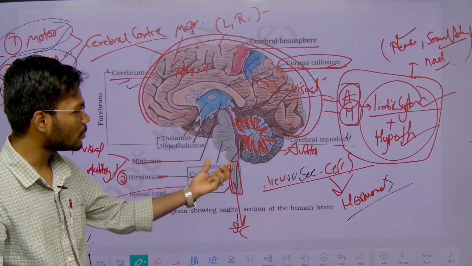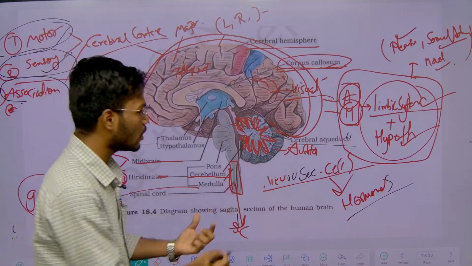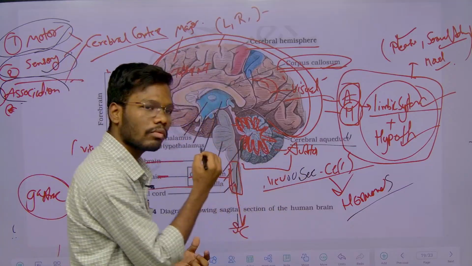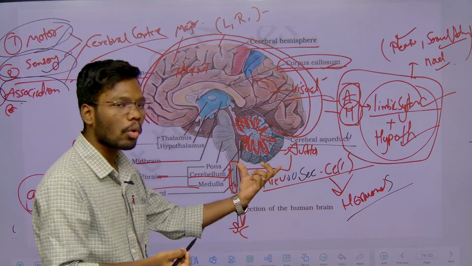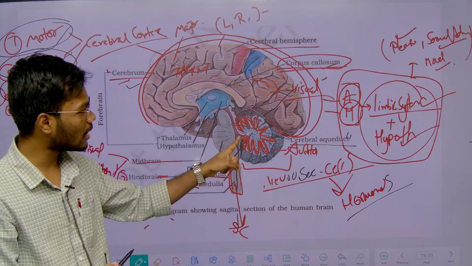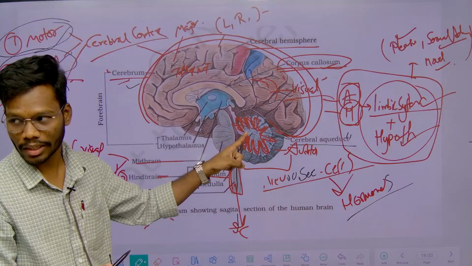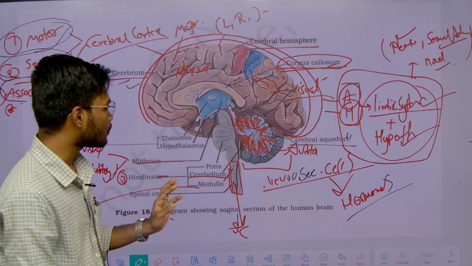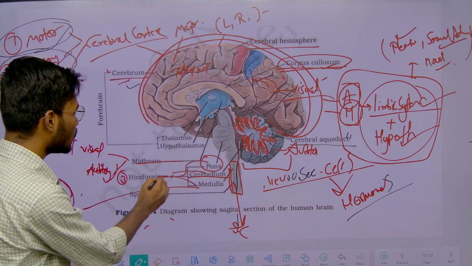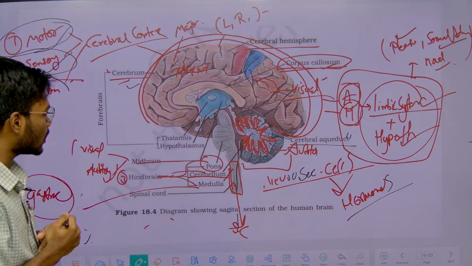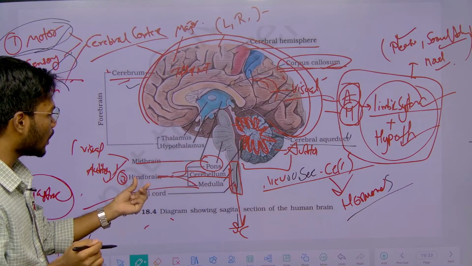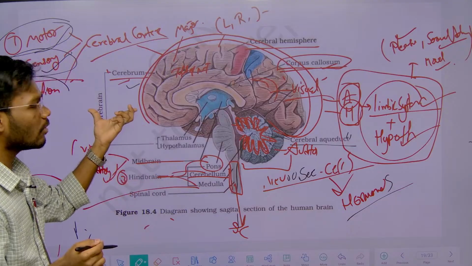The cerebellum has convoluted spaces, it is the dorsal portion of the brain, and it has more neurons because it has more surface area. So these are the parts of the hindbrain, midbrain, and forebrain.